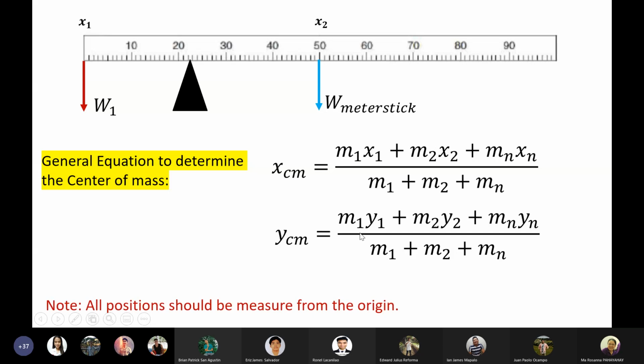So, and again, all positions should be measured from the origin. Pag sinabi natin origin, as if there is an axis here, and this is yung position na tong x1 would be our 0. Okay, so as if that is like that. Okay, so hopefully na-gets nyo yan.